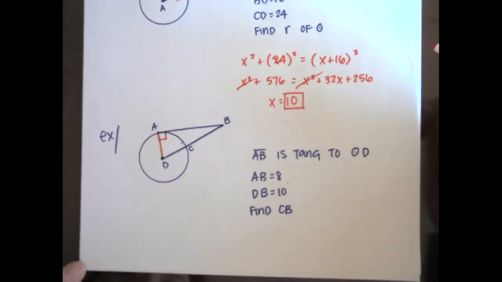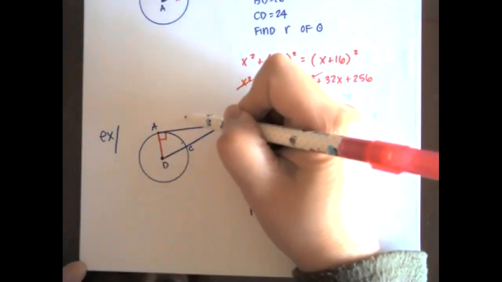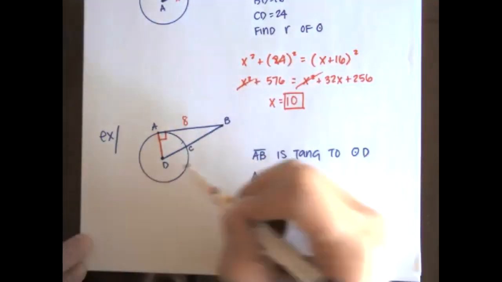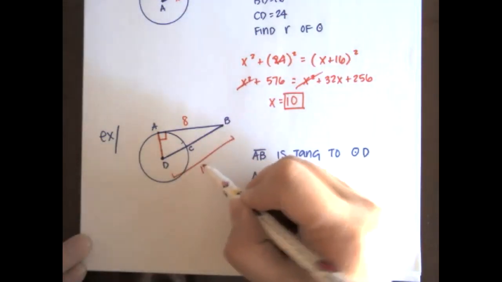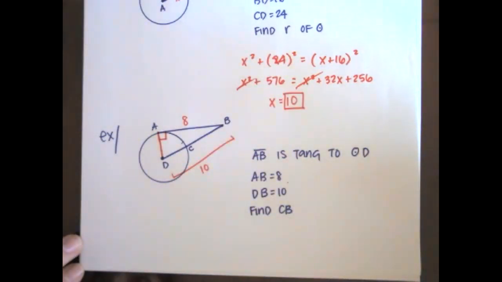Okay, so AB is 8, DB is 10. That looks familiar. 8, 10. If you don't know what I'm talking about, then we could do a squared plus b squared equals c squared, and you'll get 6 for AD.